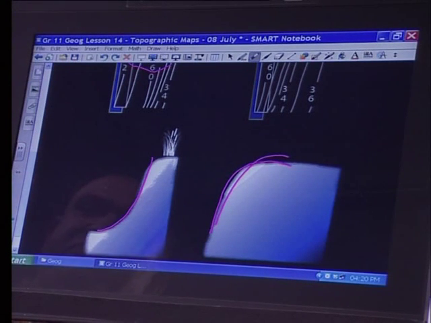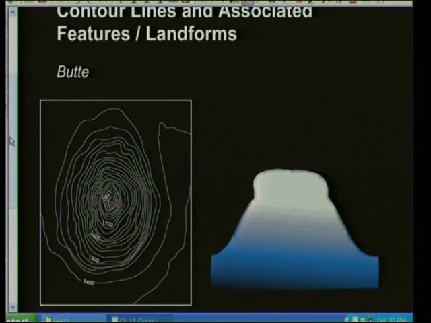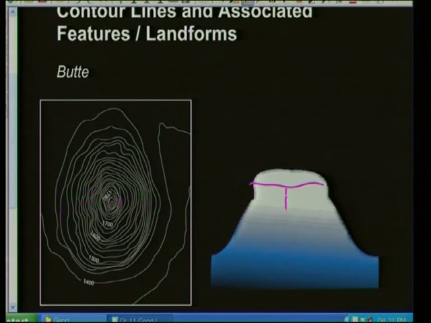Right, learners? I haven't neglected you, but I'm looking more at the board now to show you more of the features here. Let's look at this, butte. Remember when we spoke of the butte and your teachers told you about structural landforms, etc.? The butte, the width is smaller than the height, okay?